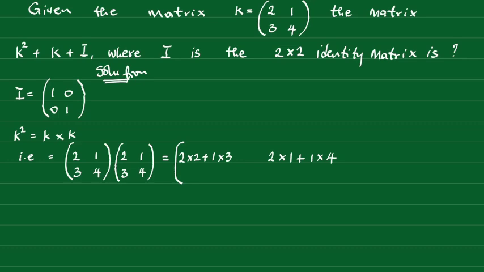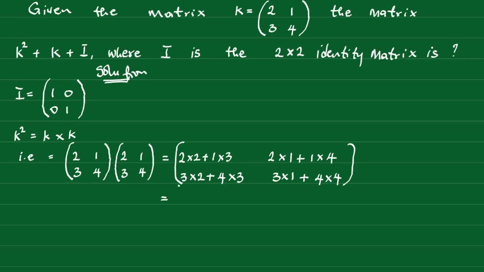Next, we have 3 from row 2 times 2 plus 4 times 3. Next, we have 3 times 1 plus 4 times 4. All right, bracket close.